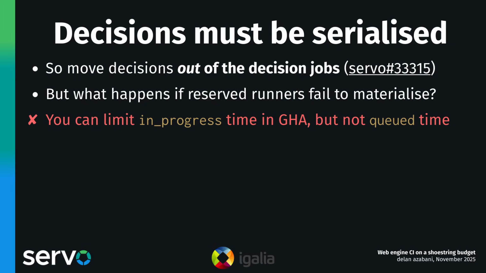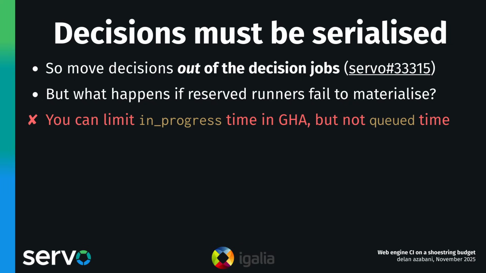And we wanted to solve this by setting a time limit on how long a job can be queued for, because if it can't actually get a runner in practice, it will get stuck in that queued state indefinitely. But unfortunately, while we can set a time limit on how long a job can run for once it's been assigned, we can't actually set a time limit on how long a job can be queued for.